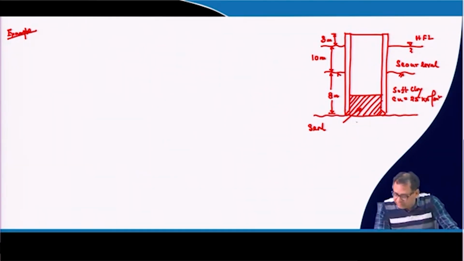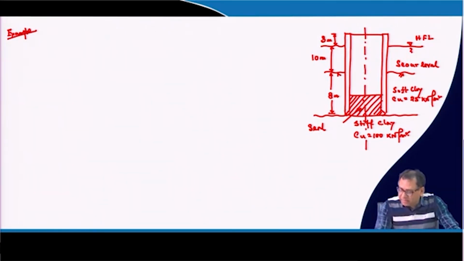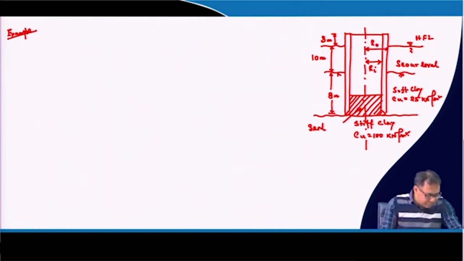This is stiff clay whose Cu is equal to 100 kilonewton per meter square. This is the center line, this is the inside radius Ri, and this is the outside radius Ro.